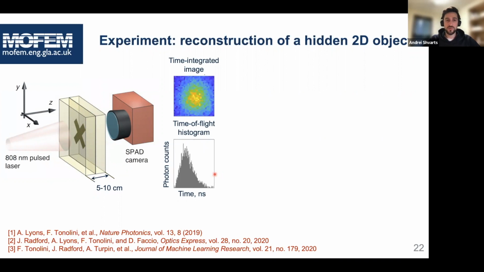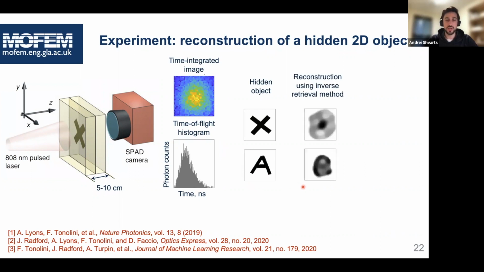And basically what they count is the number of photons reaching this camera in a given time. This is called a time of flight histogram, meaning the time that the photons take to fly from one side of the slab to another.